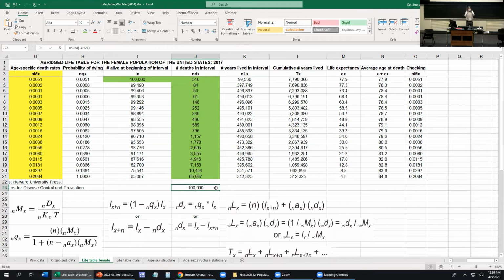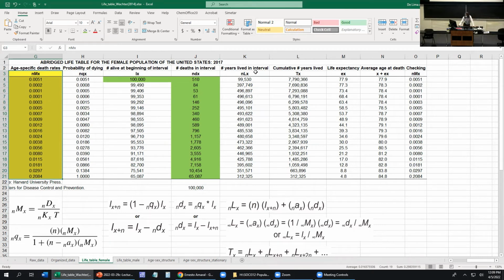But just to have an idea, if in the US the number of people being born equaled the number of people dying, the age-specific mortality rates remained the same, and there was no migration, how would the age structure of that population be?